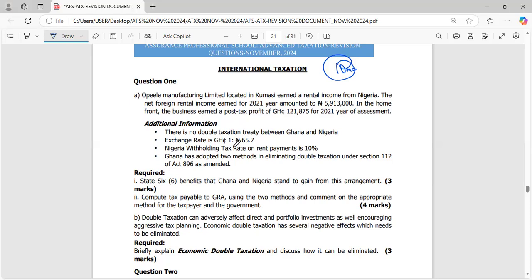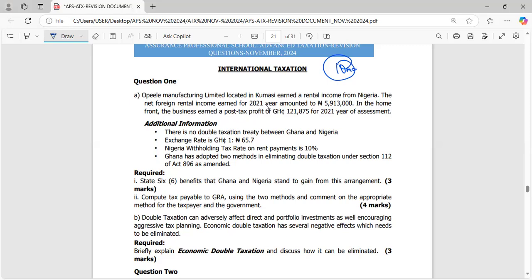So part A of question 1 is Opele Manufacturing Limited, located in Kumasi, with a rental income from Nigeria. The net foreign rental income for the 2021 year of assessment amounted to 5,913,000 naira.